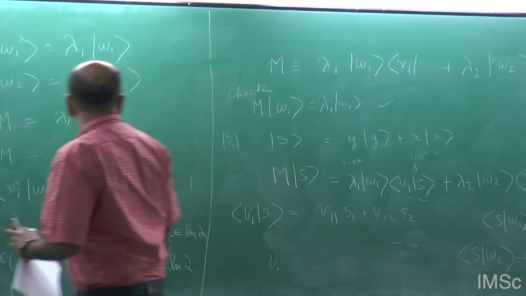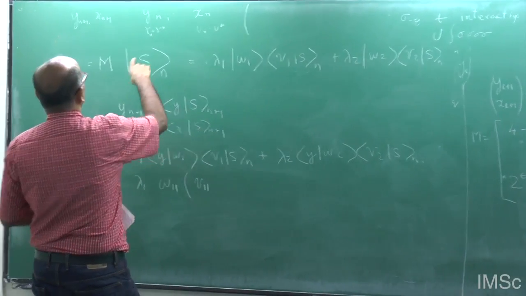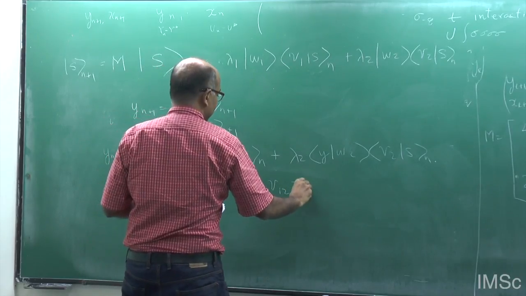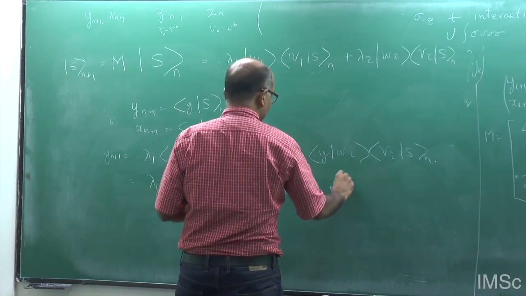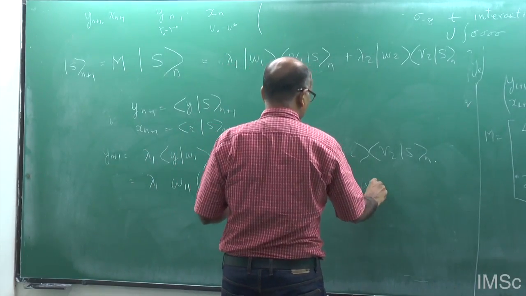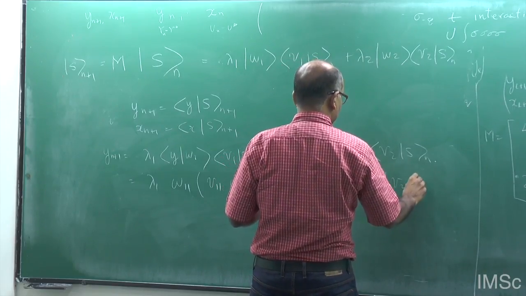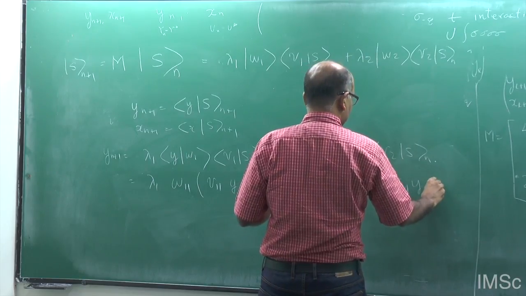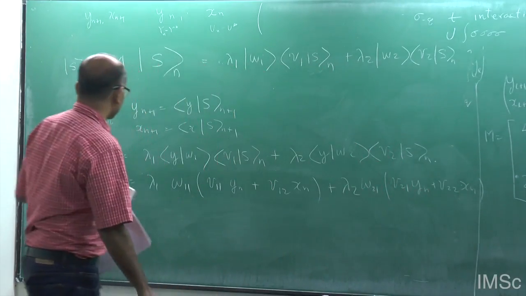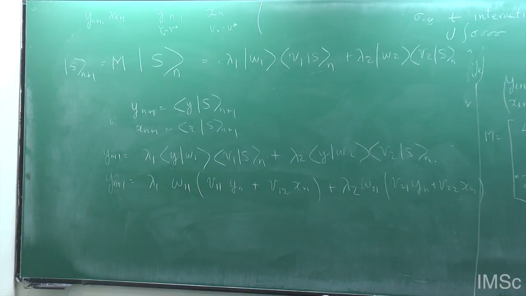So that's V11 S1, where S1 is the first one, Yn, plus V12 Xn, plus lambda 2 times W21 times this thing. So this is V21 Yn plus V22 Xn. So this is Yn plus 1.